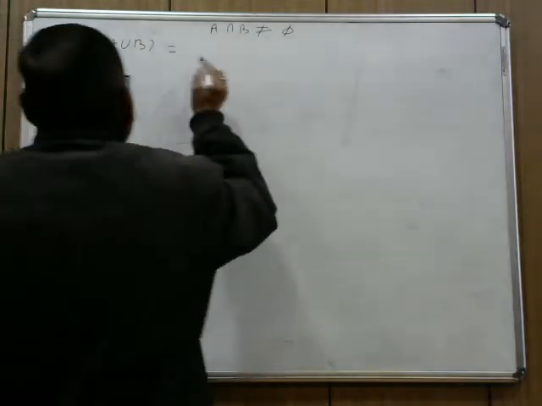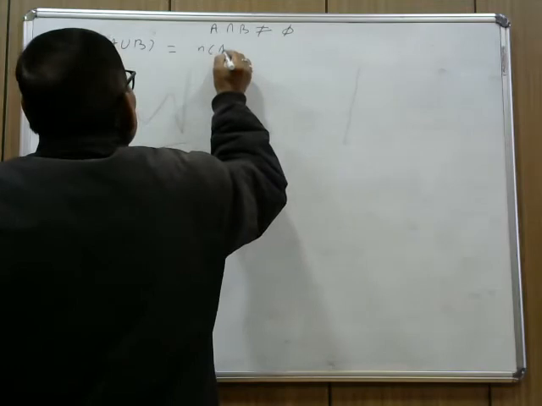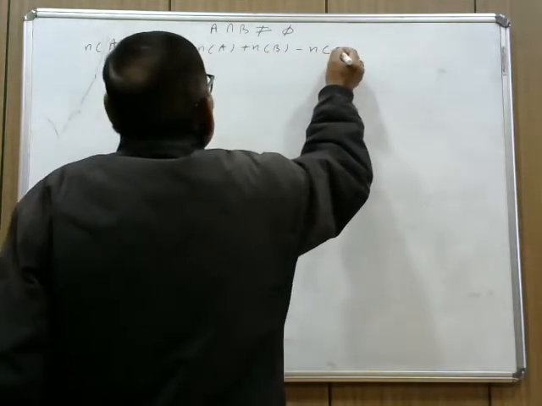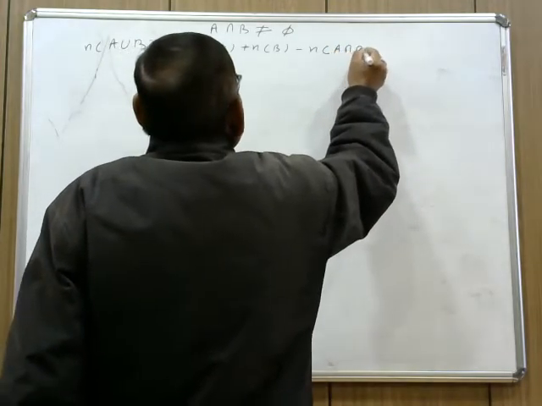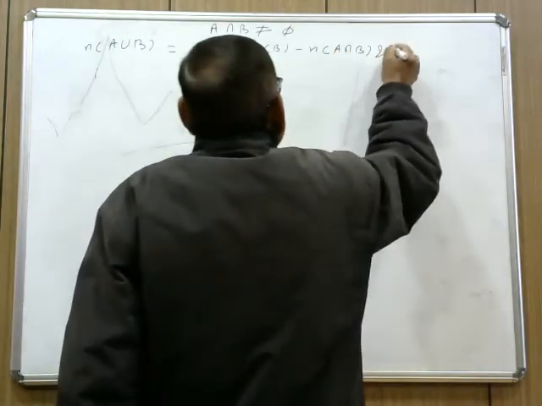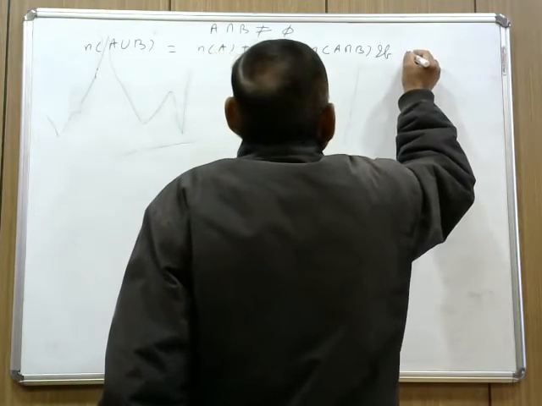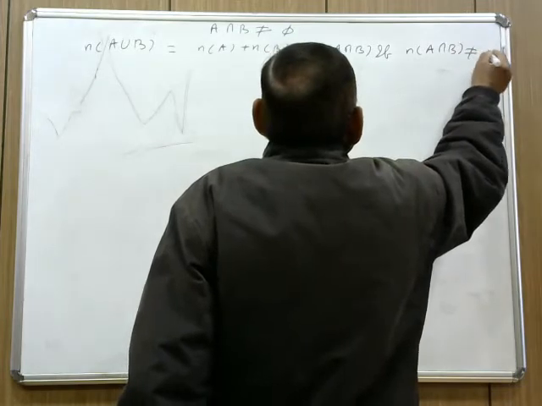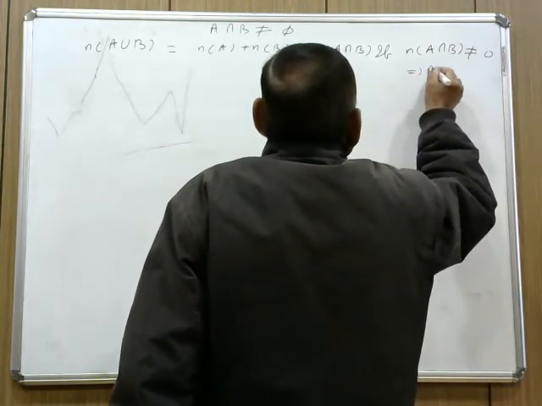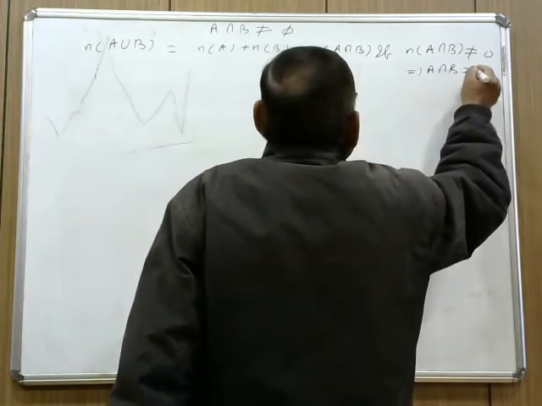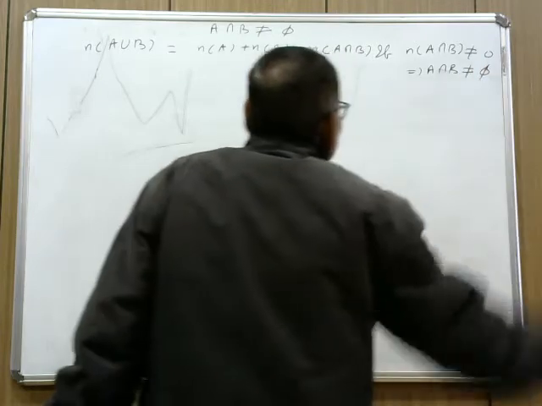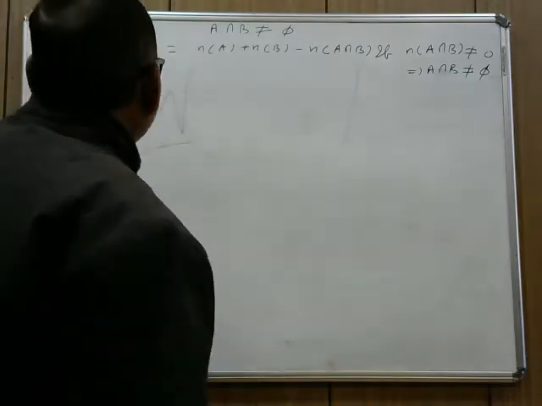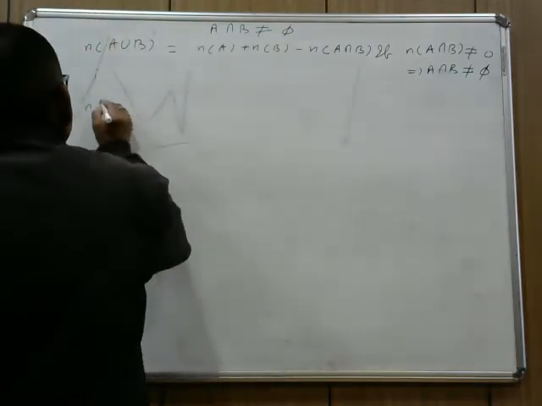So in this case, the number of elements in A union B is the number of elements in A plus the number of elements in B minus the number of elements in A intersection B, if the number of elements in A intersection B is not equal to 0. This implies that A intersection B is not a null set. It has common elements of A and B. There are some elements.